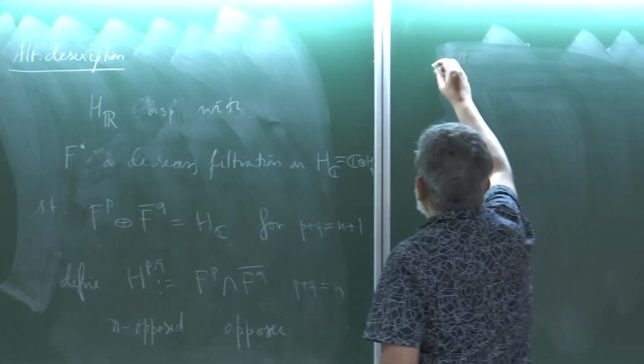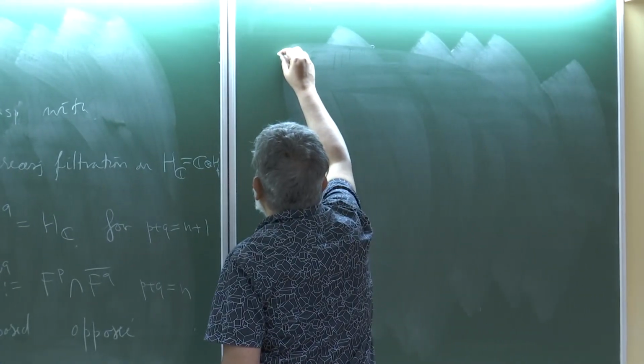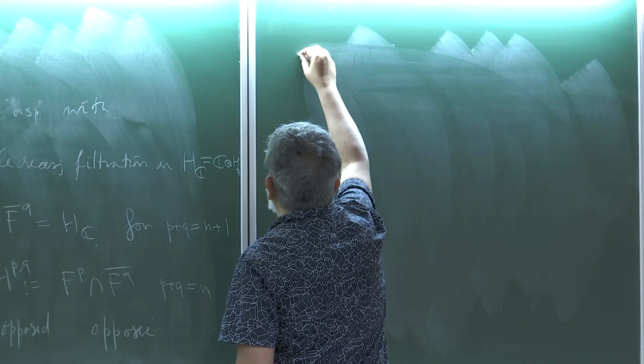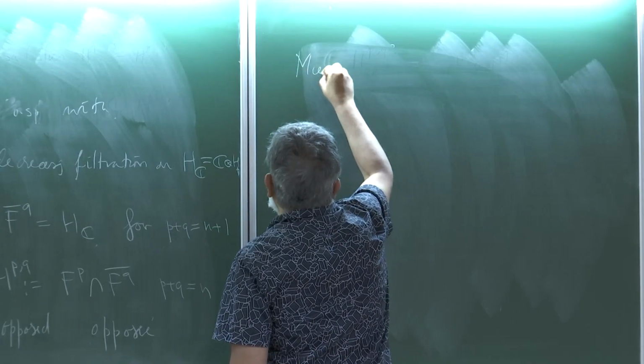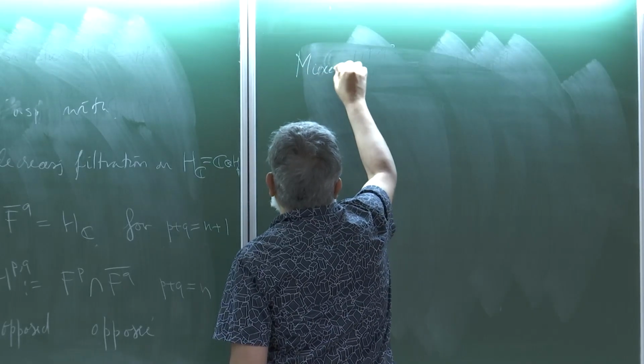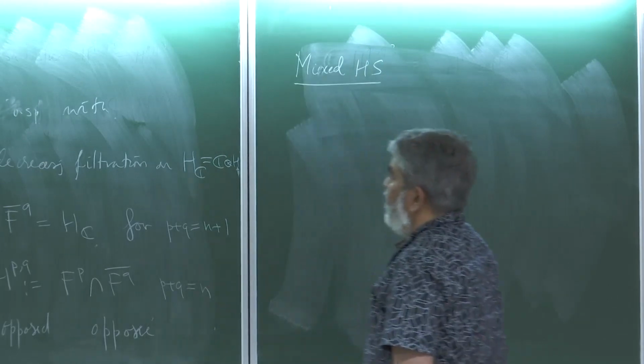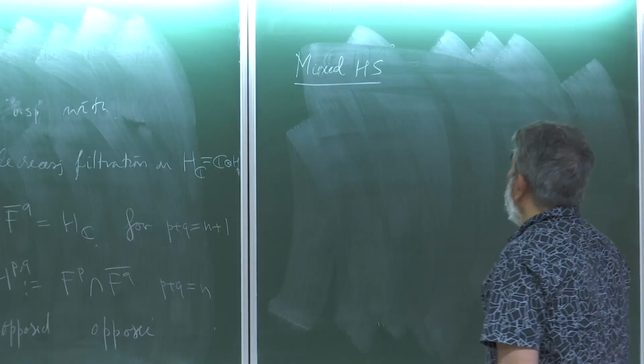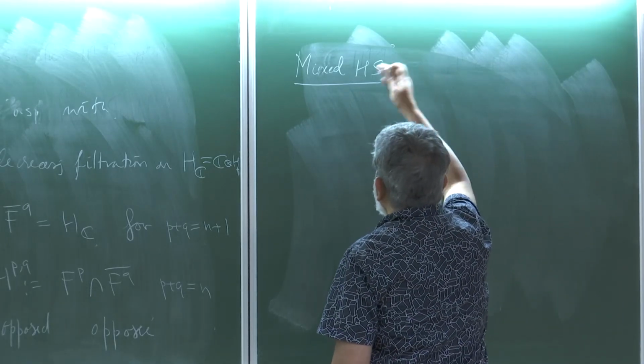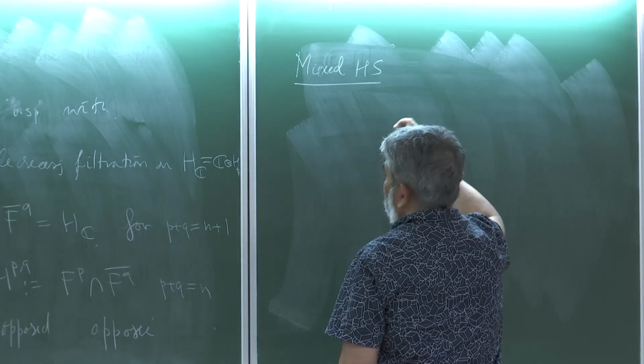So now this allows us to generalize to what are called mixed Hodge structures, where the n is allowed to vary, that's the idea. Or more generally just say Hodge structures means mixed Hodge structures.